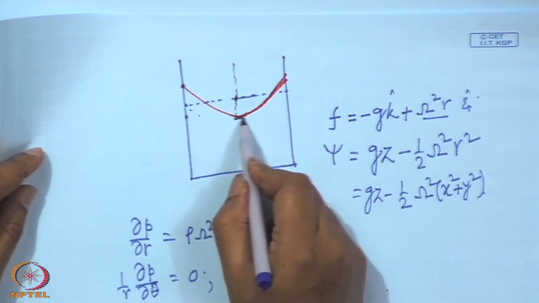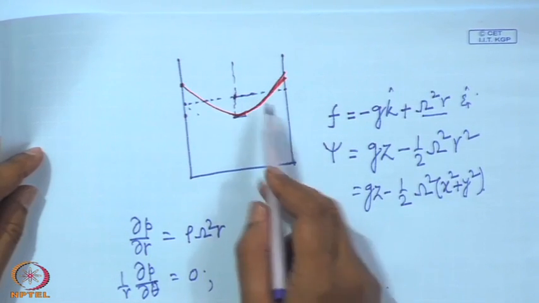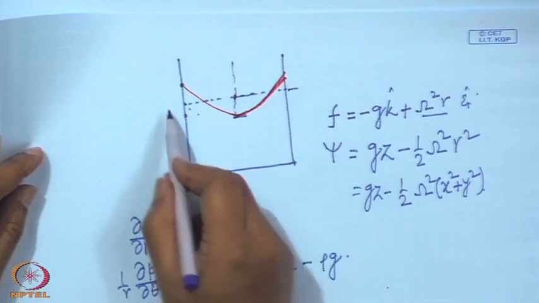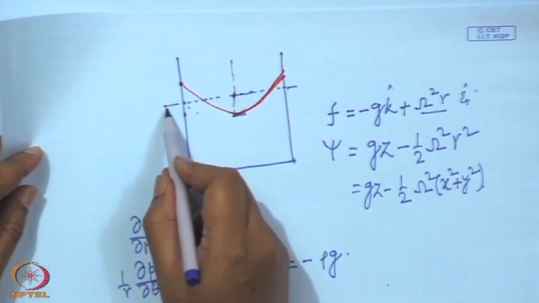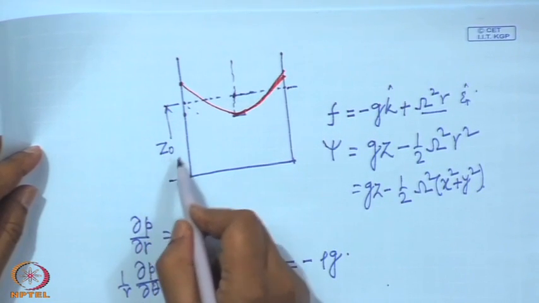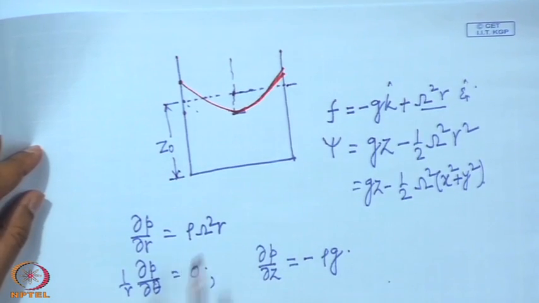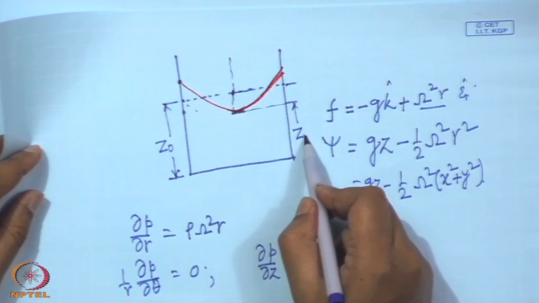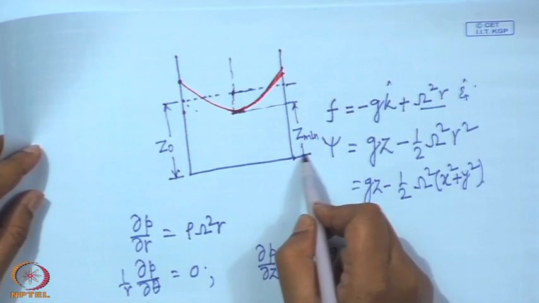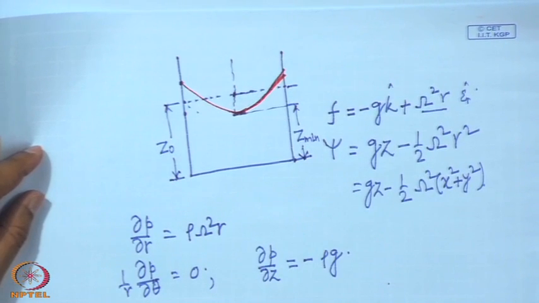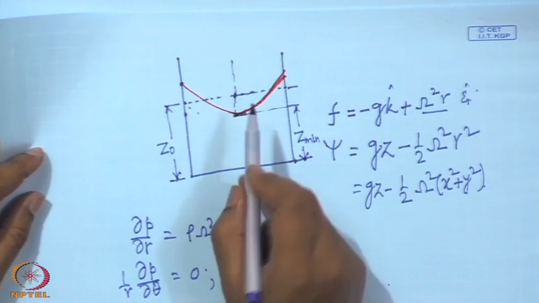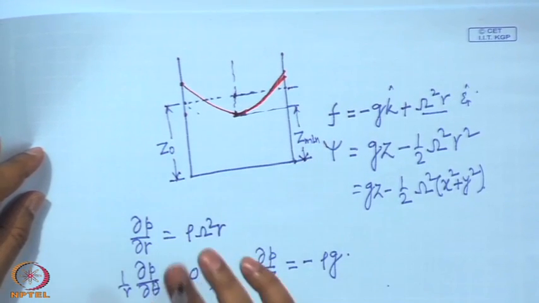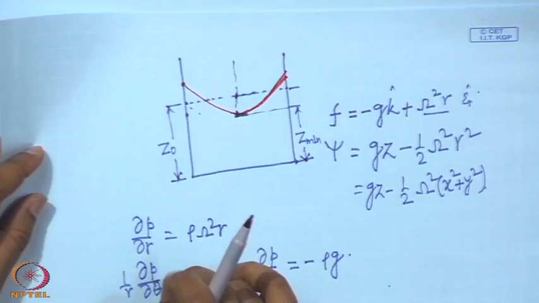With respect to that, if this height is taken as the undisturbed Z 0, and this distance we call Z min, then when you satisfy your equation at this point, it is Z0 minus Z min.